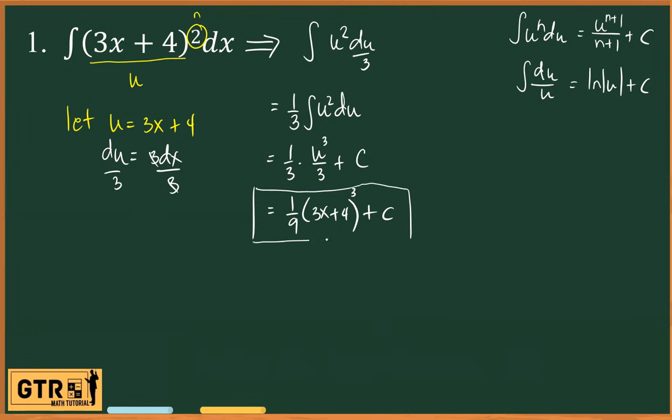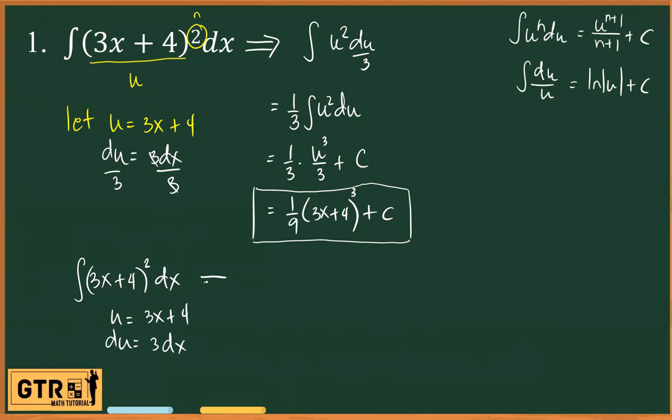Another way to solve this is by introducing the neutralizing factor. Same concept, we will let u as 3x plus 4, but let's rewrite. Integral of (3x plus 4) squared dx. If we let u again be 3x plus 4, the differential du is equal to 3 dx.